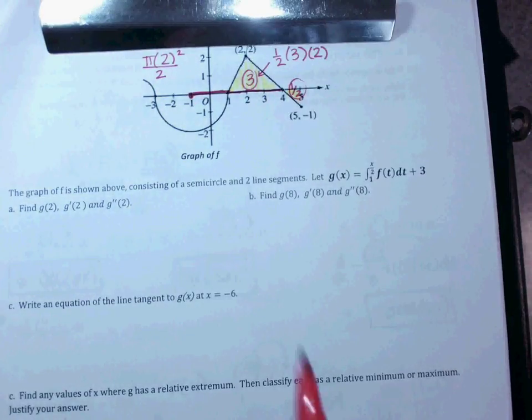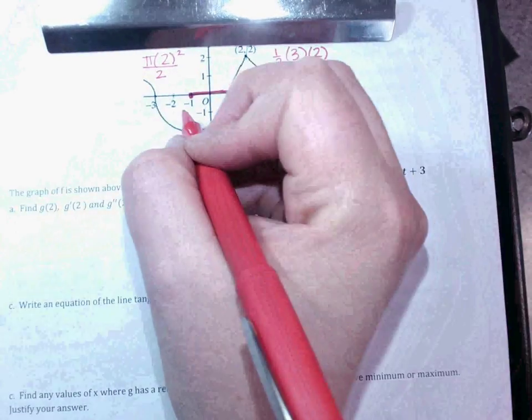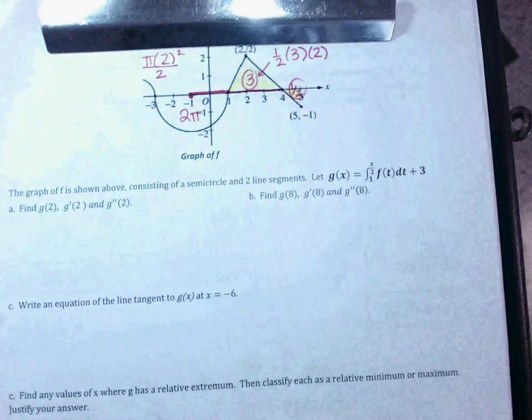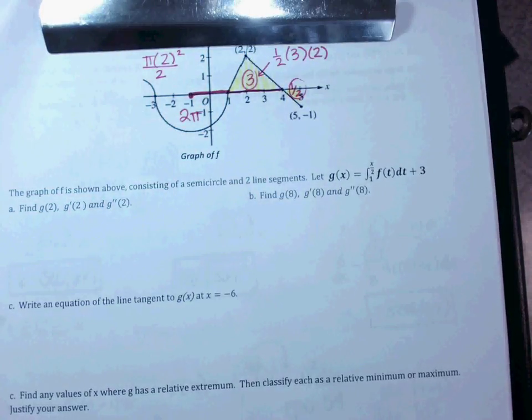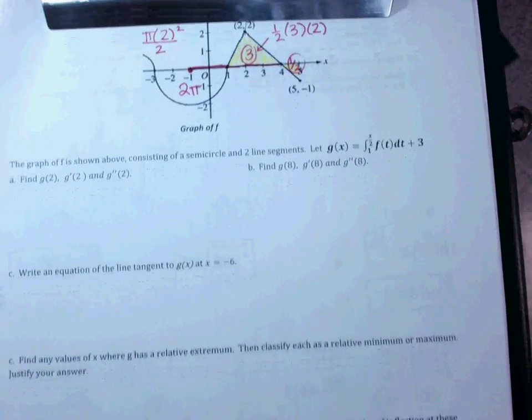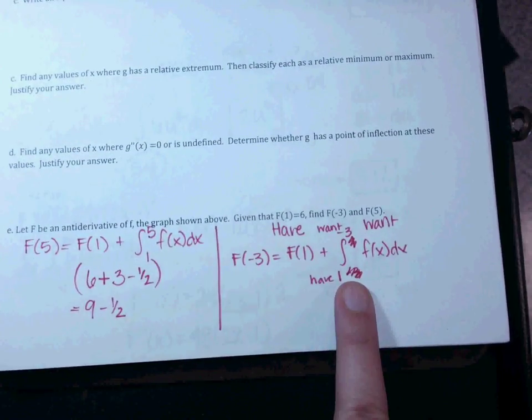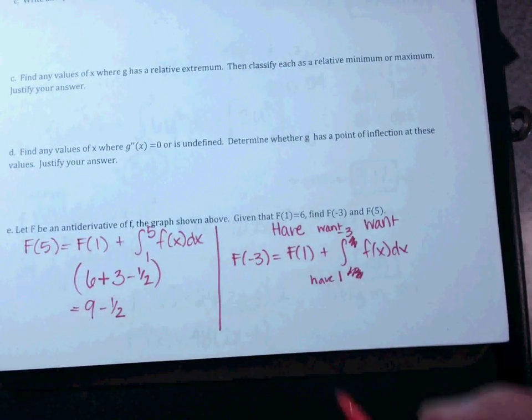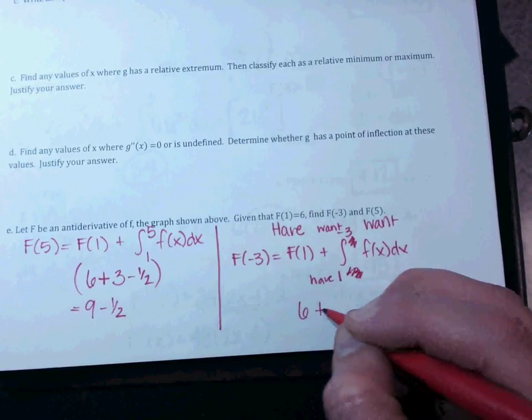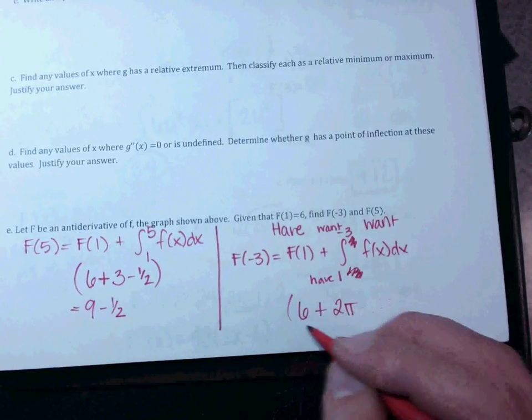So that'd be 4 pi, cut in half is 2 pi. Now, normally, since that area is below the x-axis, how would I count it? But if it's also backwards, what am I going to count it as? Positive. So it would be 6 plus 2 pi.